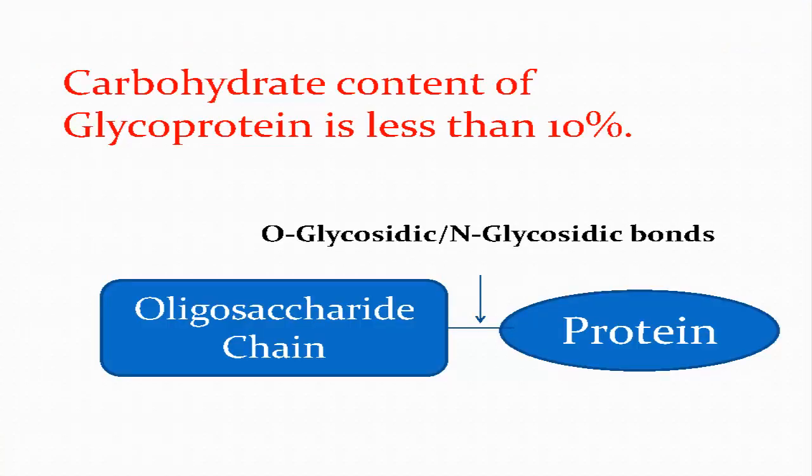So here again the structure is, there will be a protein and then an oligosaccharide chain will be attached. In proteoglycan we have seen the protein attached with GAG, here the protein is attached with an oligosaccharide chain. But here the difference is the carbohydrate content is much less. It is less than 10%. More than 90% of the molecular weight of the total thing is protein, less than 10% is carbohydrate. But in proteoglycan, protein is comparatively less and carbohydrate is much more, at least more than 10%, but usually it can go up to 50, 60, 70%.